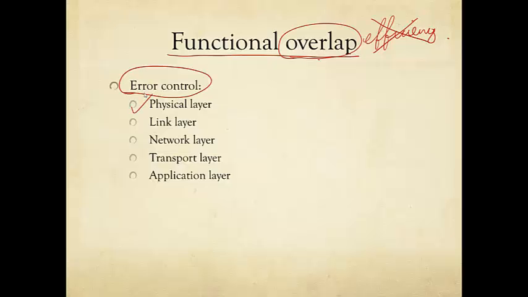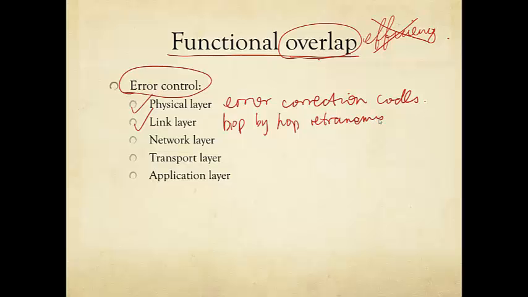The physical layer can do error correction coding, error correction codes. Okay, so add redundancy to the actual signal so that the channel distortion of the signals might still be recoverable at the receiver end. Now, link layer controls things like hop by hop retransmission. If you think that you didn't get it, well, ask the sender to send it again immediately over one hop.